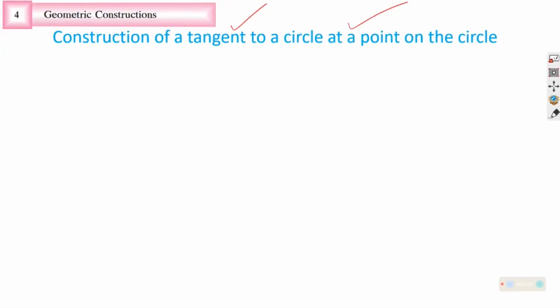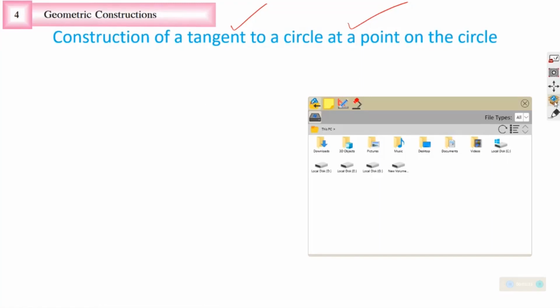This is comparatively an easy construction, and I will be showing it directly to you because it is quite easy. Maybe you may have a simple question: draw a circle and draw a tangent to that circle at a point on the circle.